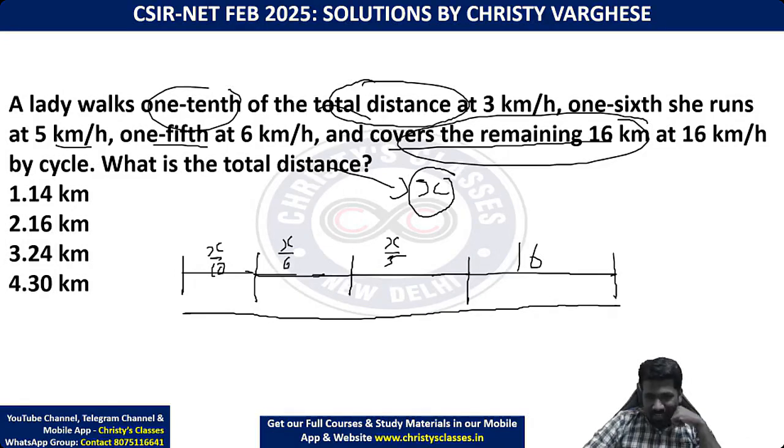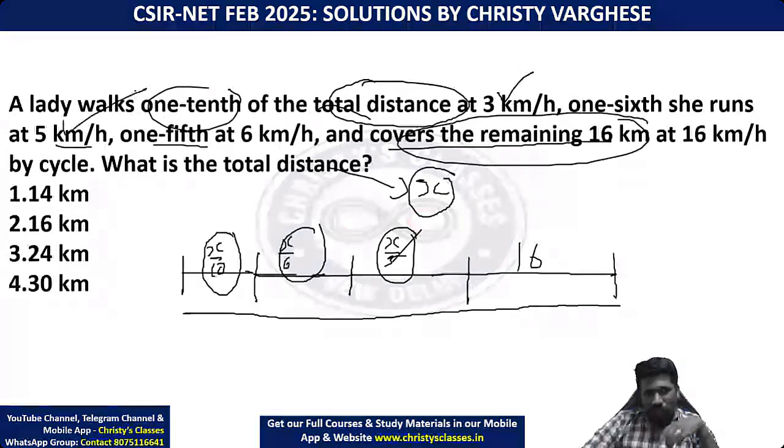X. Exactly, Sujita. It should be total distance itself ना, क्योंकि total distance को ऐसा 4 सेक्शन में डिवाइड किया है. 3 किलोमीटर पर आवर स्पीड वाला सेक्शन, 5 किलोमीटर पर आवर स्पीड वाला सेक्शन, 6 किलोमीटर पर आवर स्पीड वाला सेक्शन, 16 किलोमीटर वाला सेक्शन. मतलब ये सेक्शन सब ऐड किया तो टोटल डिस्टेंस मिलना चाहिए. That is why they have used the word remaining.